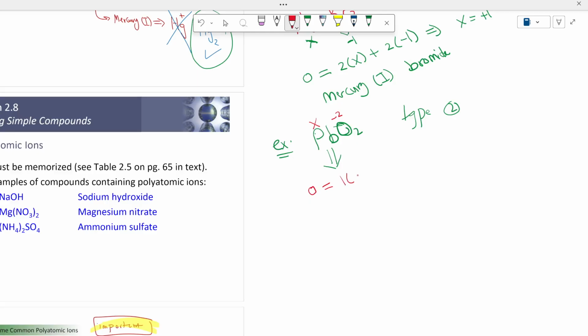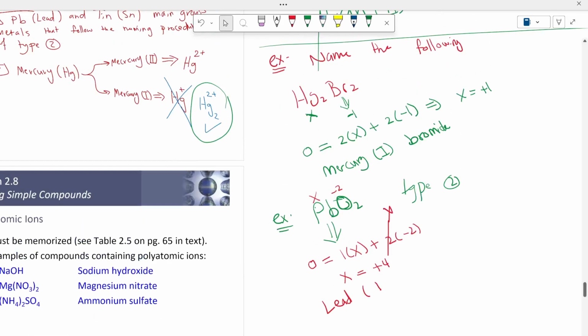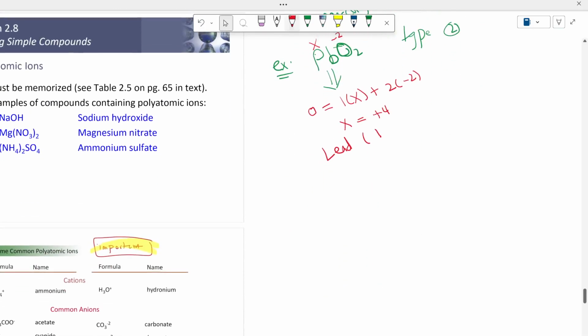We have 1 lead times X plus 2 oxygens times -2. So X will be plus 4, which means this is lead IV oxide.